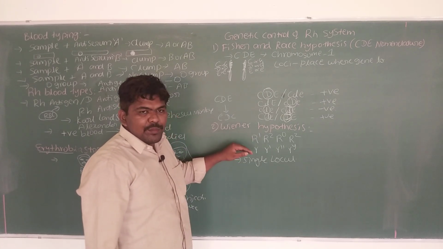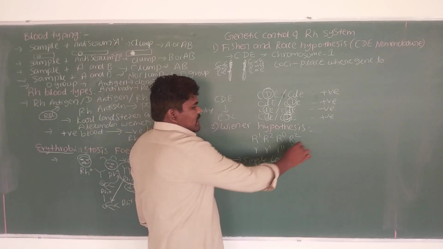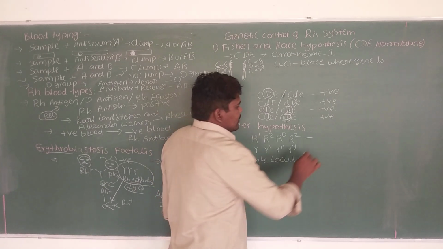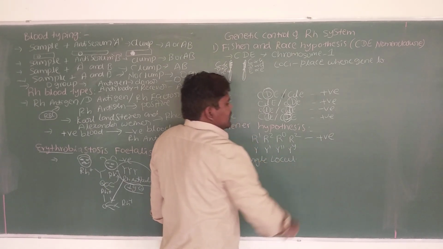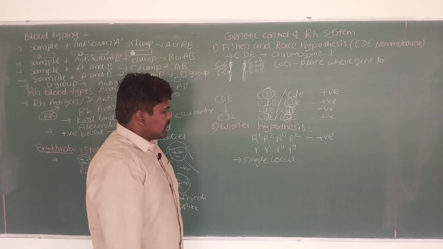Here, capital R is dominant and small r is recessive. The genotype which contains any one capital R dominant allele is responsible for formation of the positive blood group by the formation of Rh antigen.